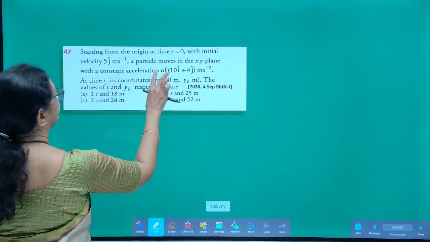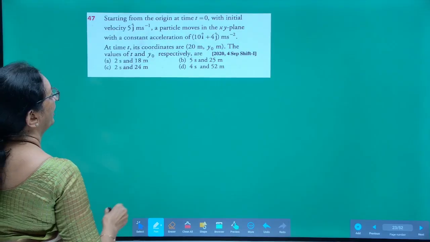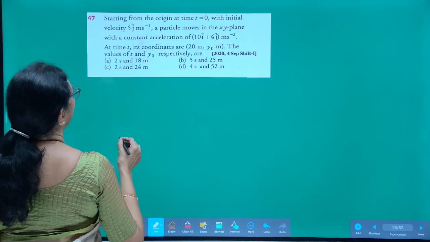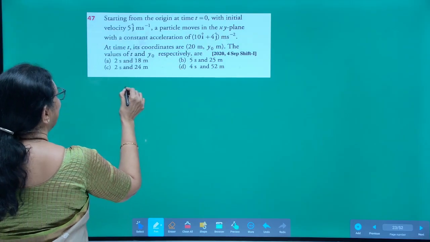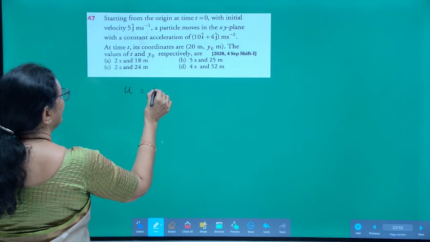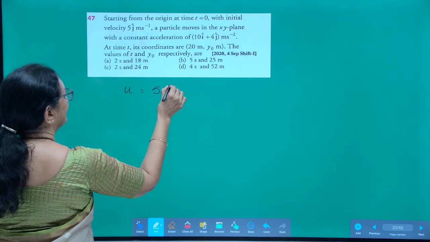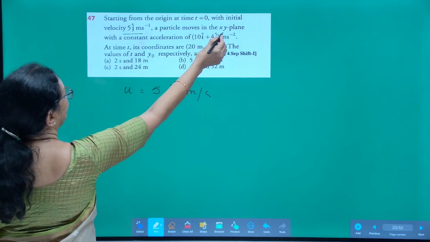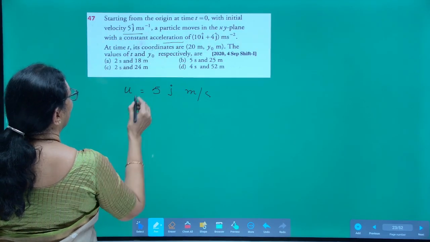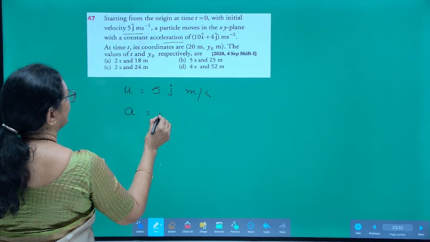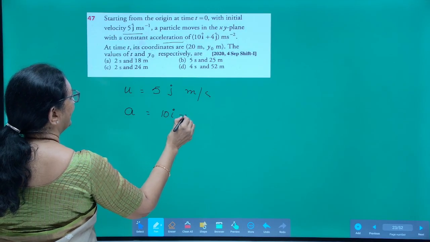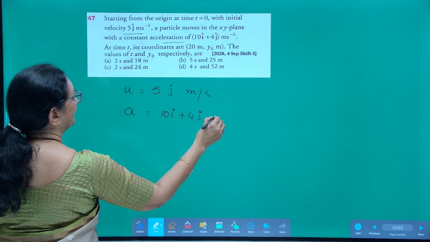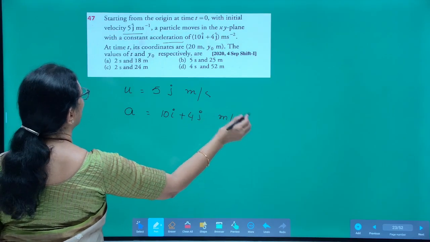Look here. Starting from the origin at t is equal to 0 with the initial velocity u is equal to 5 j meter per second, it moves in the xy plane with constant acceleration 10i plus 4j meter per second square.